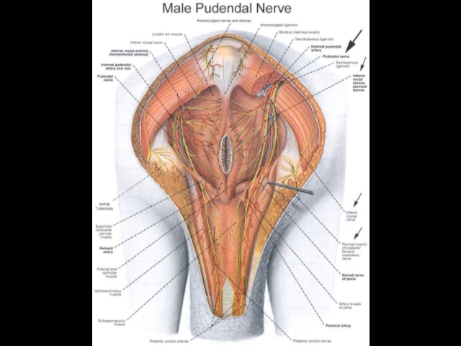In other words, not inside the Alcock's, but rather outside of the Alcock's canal, which is what people refer to a lot of times as the distal Alcock's canal. So it's the distal part of it, meaning the furthest part of it. So those two branches are outside of the distal Alcock's canal.